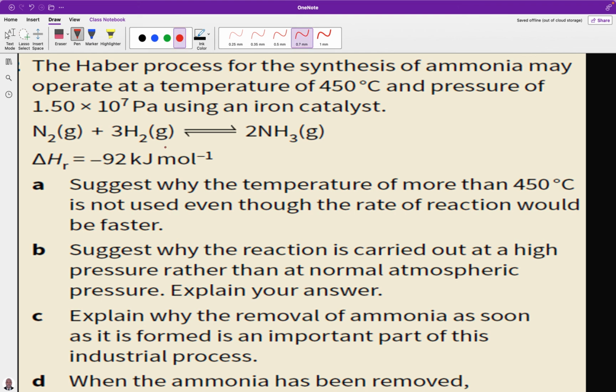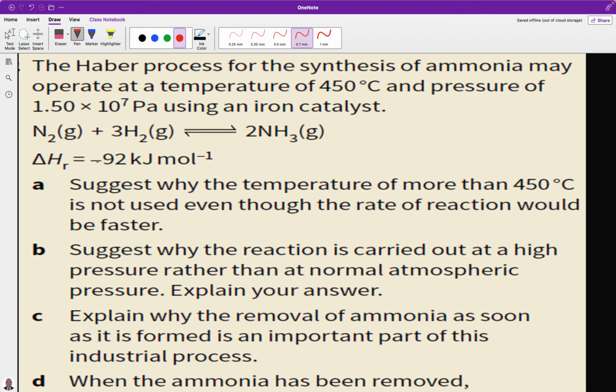So in order to lower the pressure and establish an equilibrium, gaseous particles will have to move from the direction of more particles to the direction of less particles. In that case, there will be movement from left to right to favor the production of ammonia. So our reason why it is carried out at high pressure is because at high pressure, more ammonia will be formed.